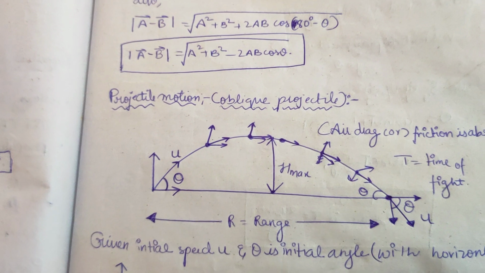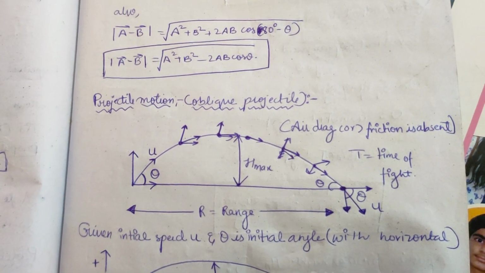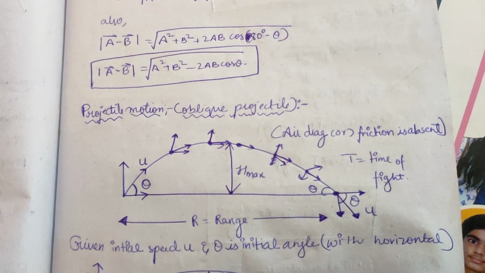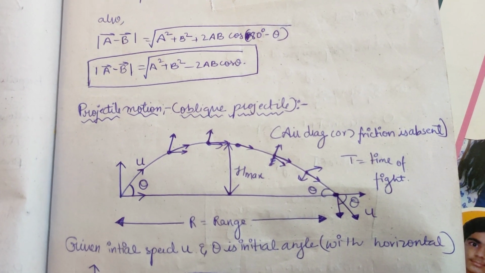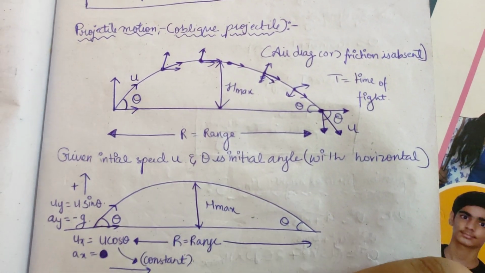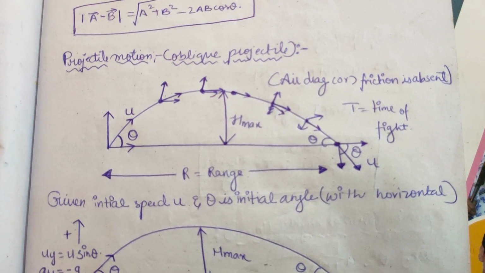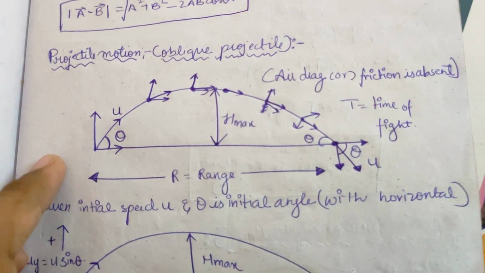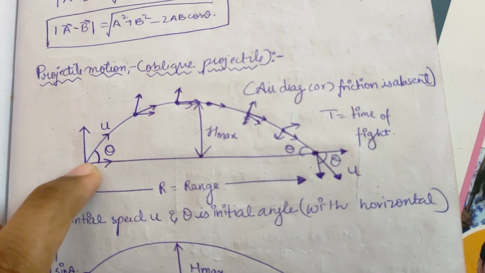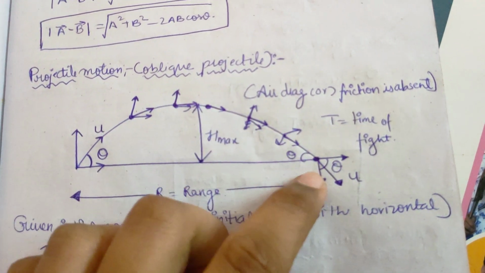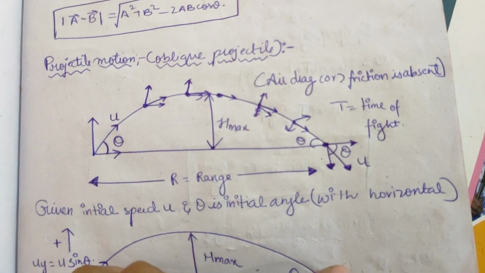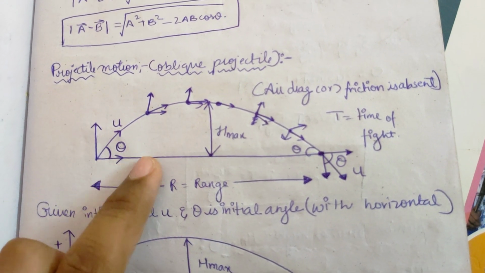So now let us discuss projectile motion, which is also known as oblique projectile. Here you can see a projectile. The origin here is the initial point. If the body is thrown in the motion like this, it is known as a projectile. Here you can see the notations which are used.